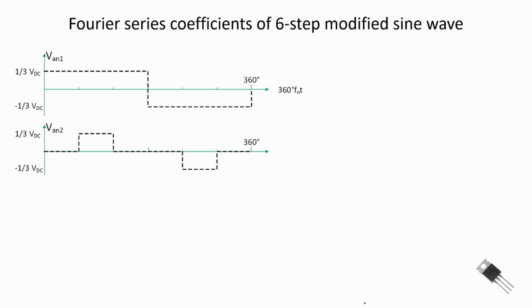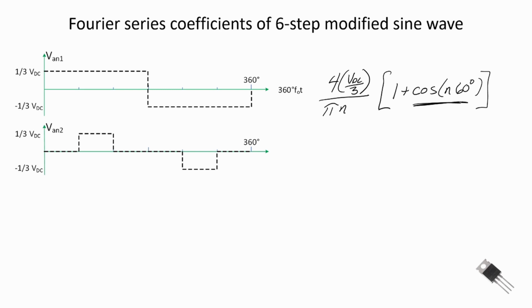So the next step now is to combine these two. And when we combine these two, we get 4 times VDC over 3 pi n times 1 plus cosine n times 60 degrees. Now let's take a look at this term right here, n at 60 degrees.